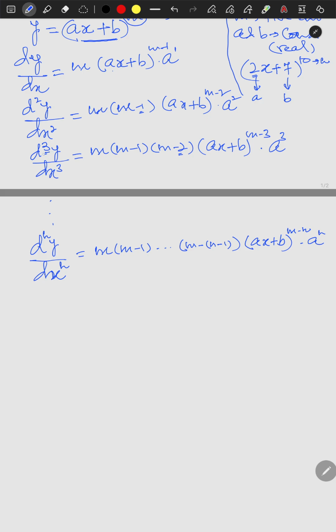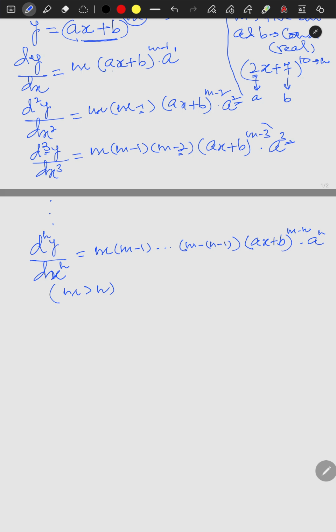Since you can see that for d cube y over dx cube, we are having m minus 3. Okay, this is m minus 3, this is a cube, this is a square, m minus 2. So if we continue with this, this is the formula of the nth order derivative. Of course, here this m should be greater than n.